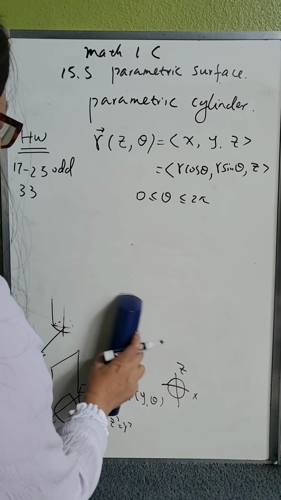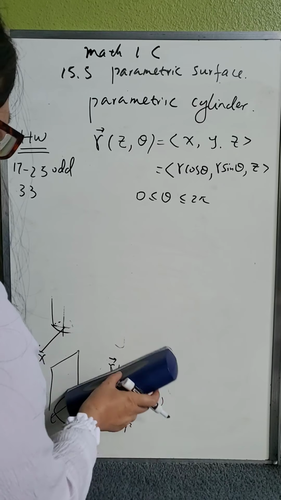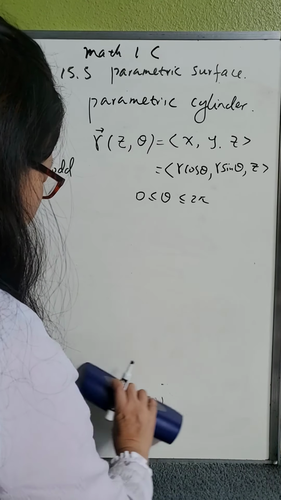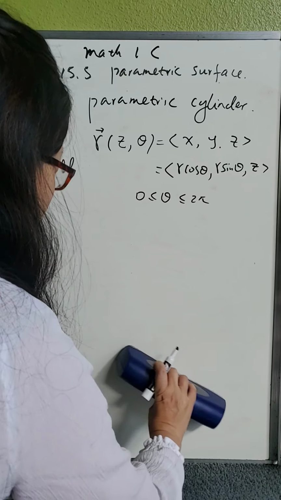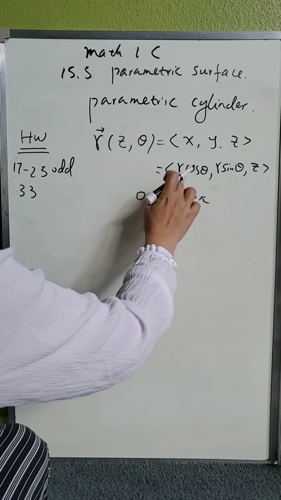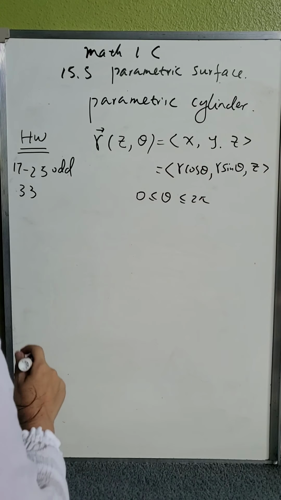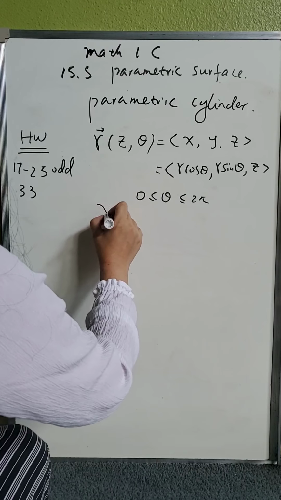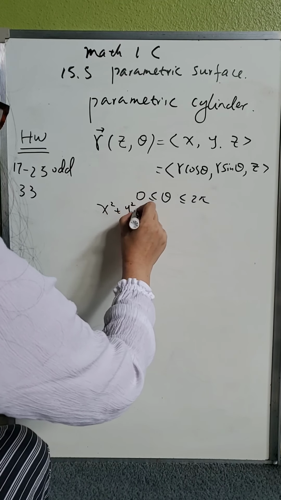And what happens for a cylinder that is not made up of a circle at the bottom? This one's xy plane is a circle, like this, so I'm going to put right here x squared plus y squared equals r squared.